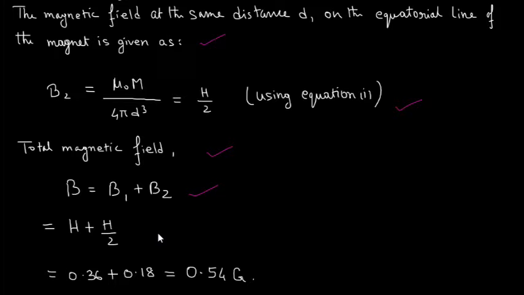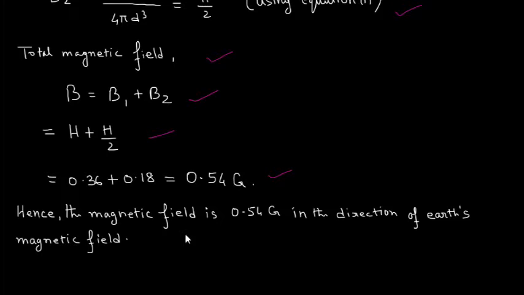B is equal to H plus H by 2. So putting the value of H, we get 0.36 plus 0.18. Upon solving, we get 0.54 G. Hence, the magnetic field is 0.54 G in the direction of the Earth's magnetic field.